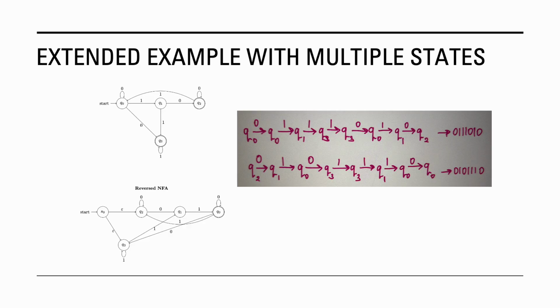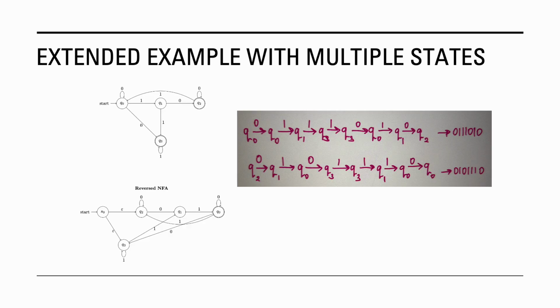Then the same thing we did for the transitions in the previous example is what we do here: just reverse the transitions. In some cases you would notice, for example here at Q2 at the start of the NFA, 0 could either loop through Q2 again or go to Q1.